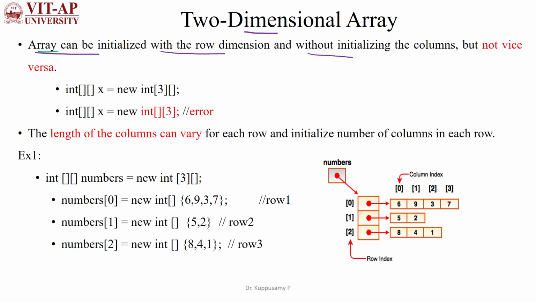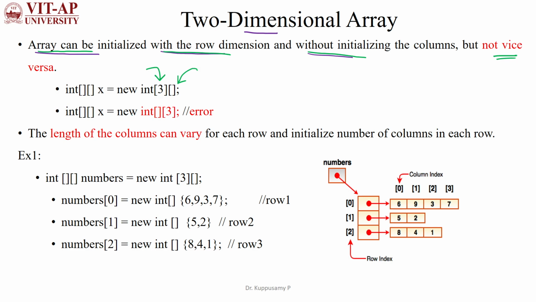Here arrays can be initialized with row dimension and without initializing the columns, but not vice versa. That means we have to represent the number of rows only in the first index. We cannot use the second index alone. And also the number of columns is optional, as I told in the previous slide.